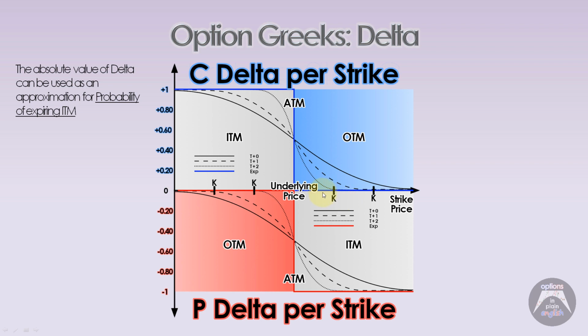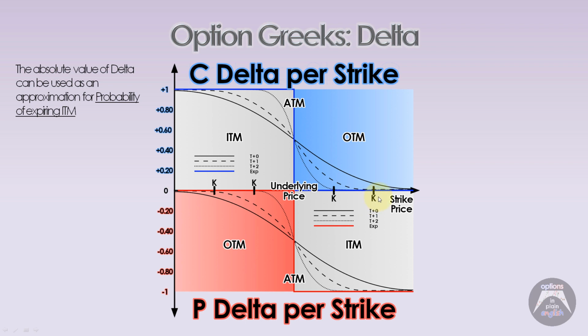So for example, for calls, if we have a certain underlying price and we pick the strike price that represents the 40 delta, for example, the 0.40 delta, then this strike price has a 40% probability of expiring in the money.